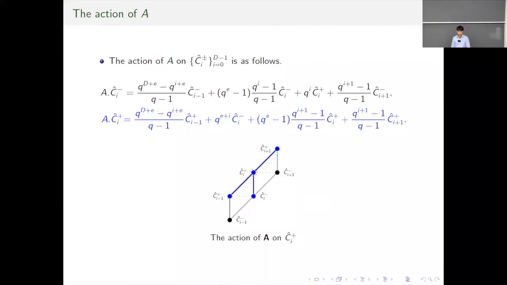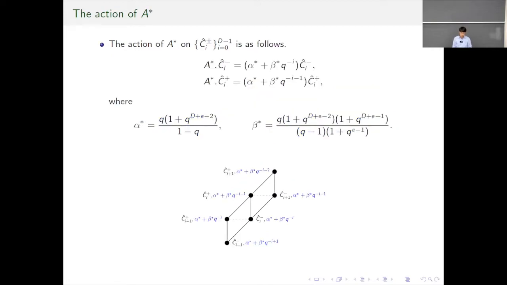Also, when we apply A to Ci plus hat, it is given by a 4-term linear combination. Now, the action of A star on W is just the eigenvalue of A star. So when we apply A star to Ci minus hat and Ci plus hat, this is just the dual eigenvalue theta i star.